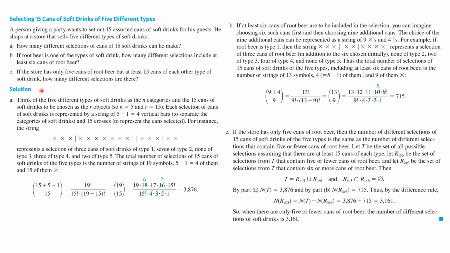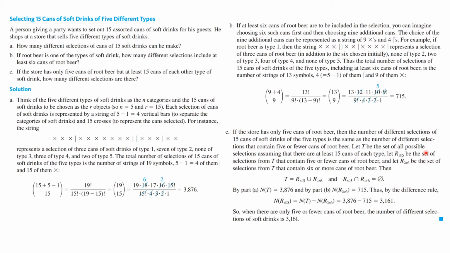Part C. If the store has only 5 cans of root beer, but at least 15 cans of each other type of soft drink, how many different selections are there? If the store has only 5 cans of root beer, then the number of different selections of 15 cans of soft drink of the 5 types is the same as the number of different selections that contain 5 or fewer cans of root beer.